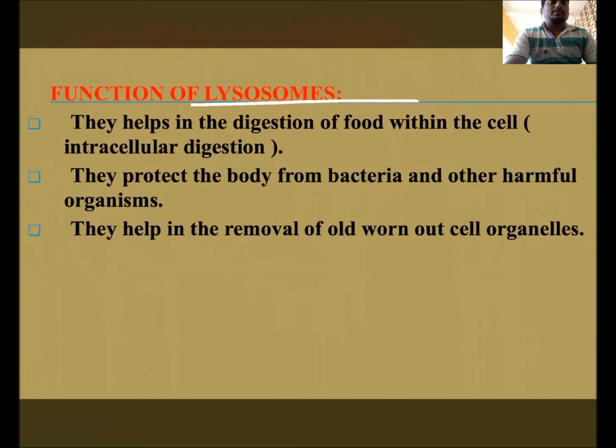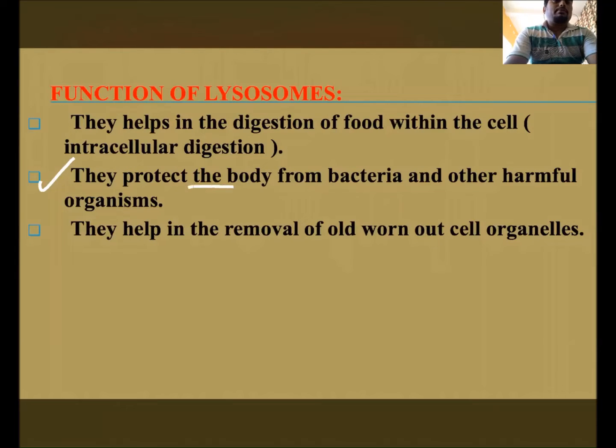Functions of lysosome. Lysosome helps in digestion of food within the cell, and the digestion within the cell is called intracellular digestion. Like in amoeba we have seen, pinocytosis or phagocytosis takes place in the cell. Sometimes the cell engulfs solid material, sometimes it takes in liquid material, and this is digested with the help of the enzymes of lysosome.